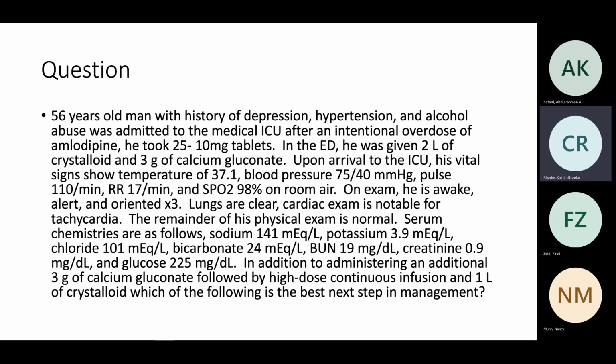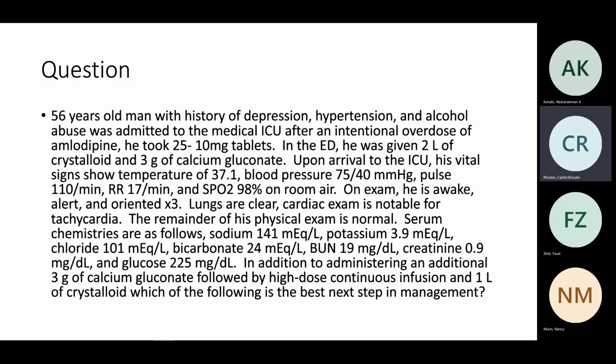Upon arrival to the ICU, vital signs show temperature 37.1, blood pressure 75/40, heart rate 110, respiratory rate 20, and 98% saturation. On exam, he is awake, alert, and oriented, lungs are clear. The remainder of his physical exam is normal.